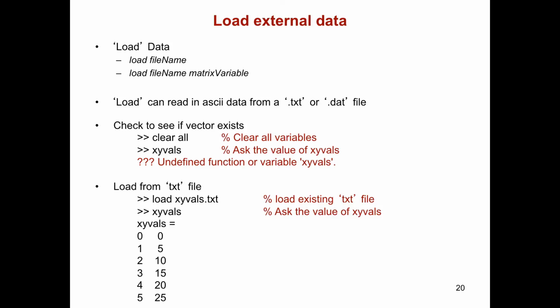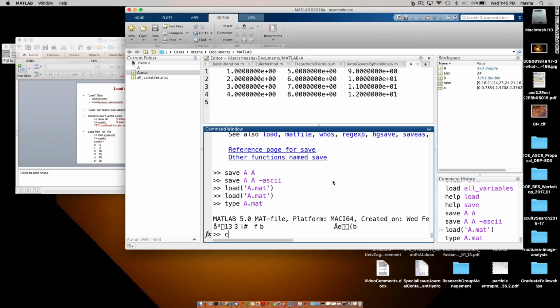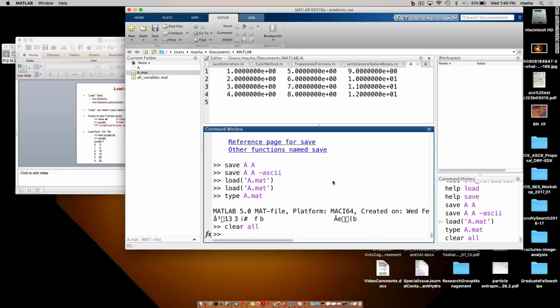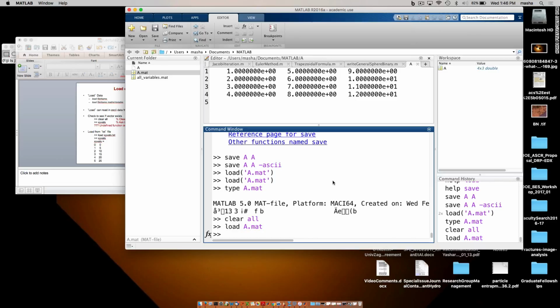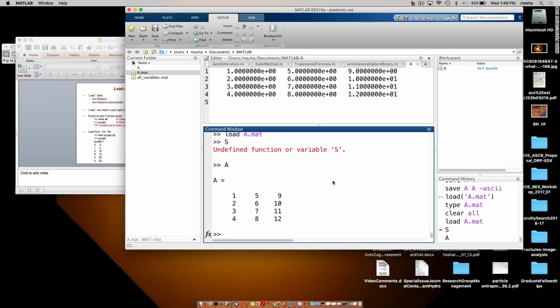Now if I load a text file that is just a text file and not MATLAB, it's just going to read it into a matrix. So let's actually do that. I'm going to clear all again. If I just load a.mat, which is my MATLAB smart file, I'm going to load it into A.